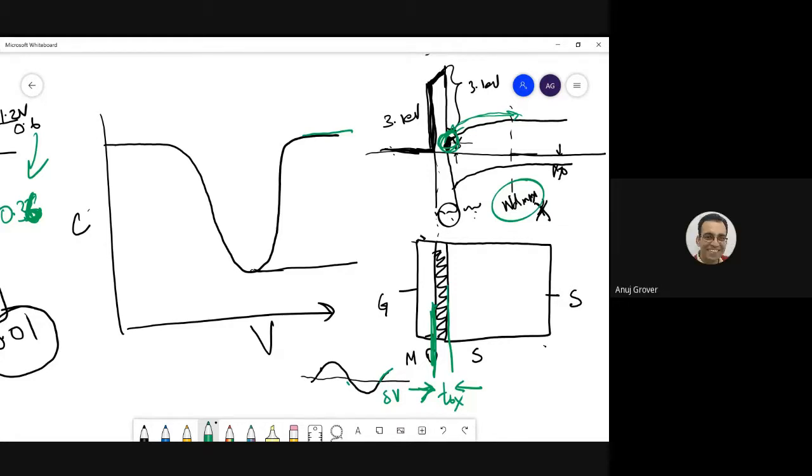Since the depletion region doesn't grow beyond WD max, any increase in voltage beyond threshold voltage means that only extra charge comes into the inversion layer and no change in the depletion layer happens. So now when you give this small signal at a very low frequency, you're just removing that extra charge, and still the depletion layer will not change.